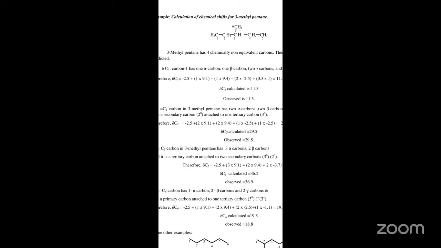We'll see one example of the calculation of chemical shift values for 3-methyl pentane. For 3-methyl pentane, you see how many non-equivalent sets of protons are there. There are 6 sets, isn't it? Now we can go with the calculation of the delta values.